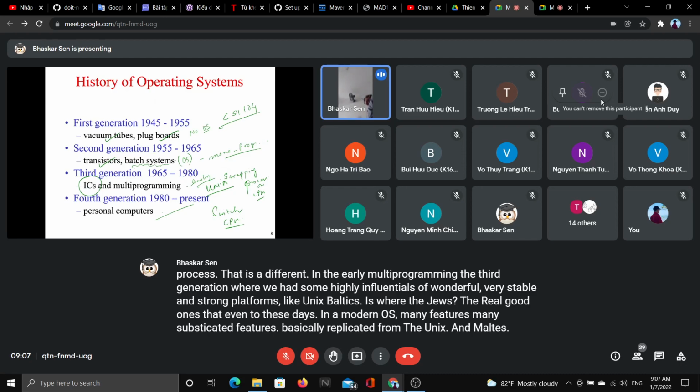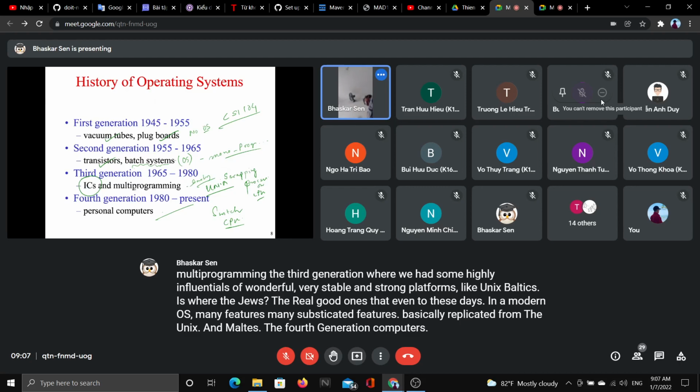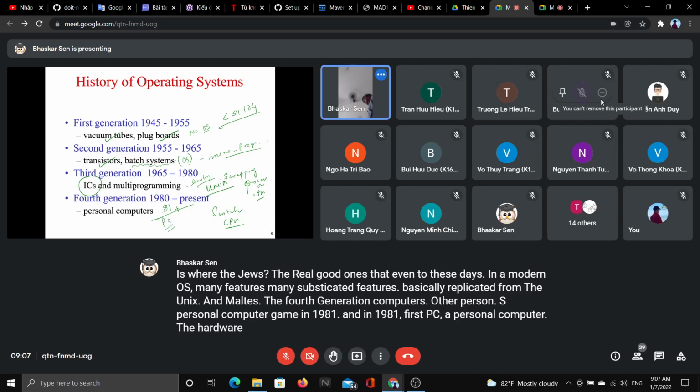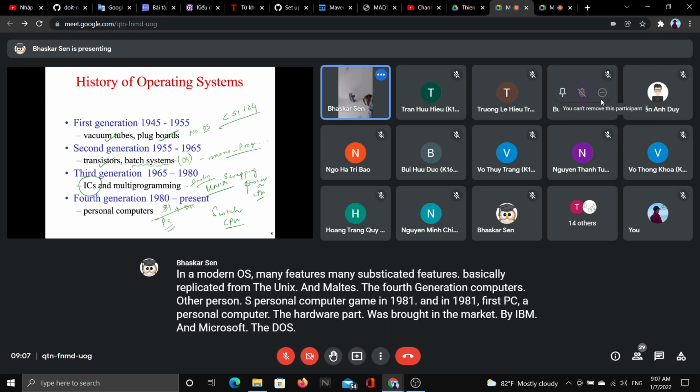The fourth generation computers are the personal computers. The personal computer came in 1981, and in 1981 the first PC, the hardware part, was brought to the market by IBM, and Microsoft gave the DOS, MS-DOS.